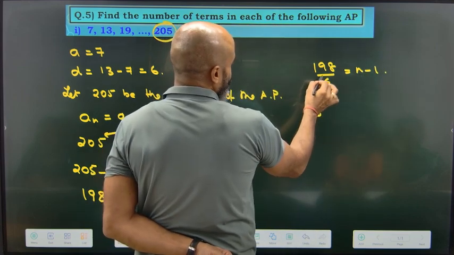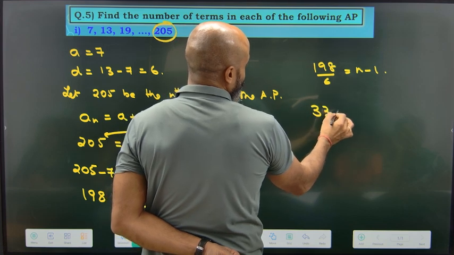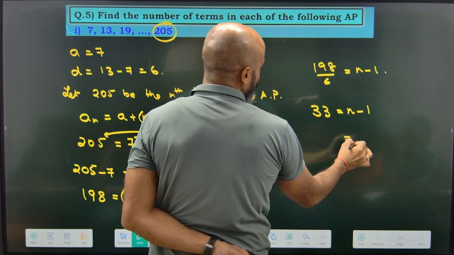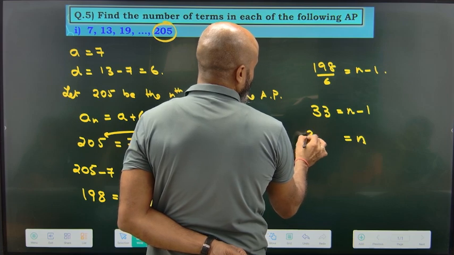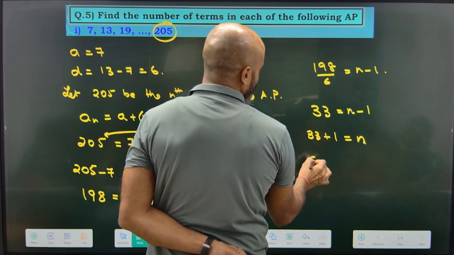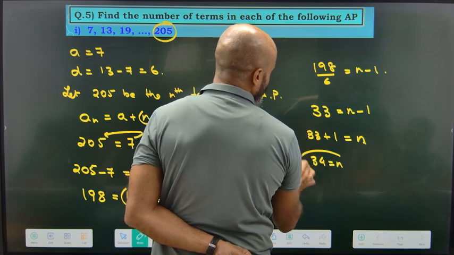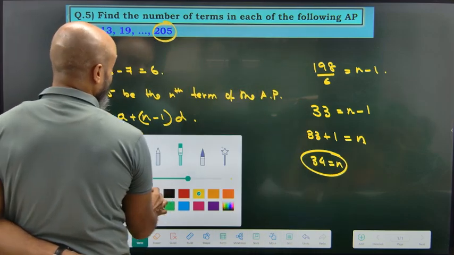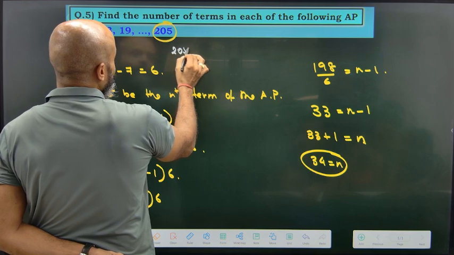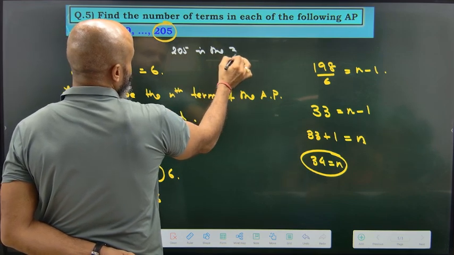6 3s are 18. 33 is equal to n minus 1. So n will be how much? n will be equal to 33 plus 1. That's 34 is equal to n. So what is our answer? 205 is the 34th term.